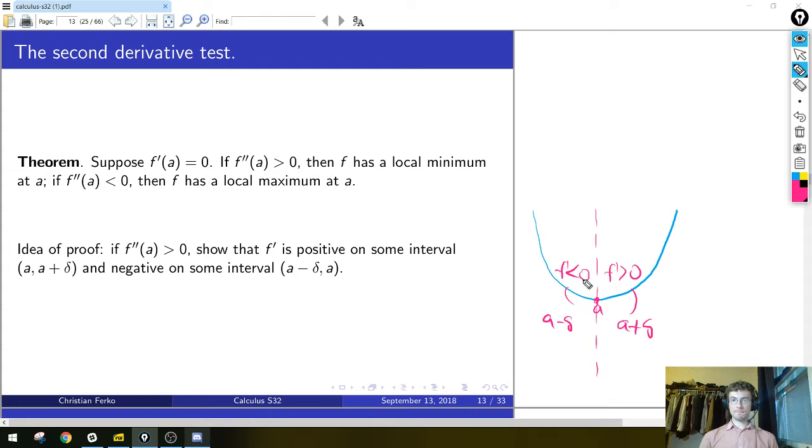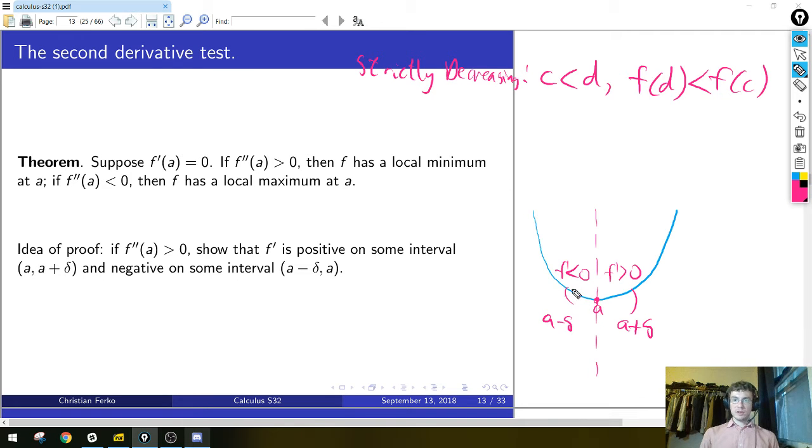So why does this prove what we want? If f prime is negative on some interval to the left and positive on some interval to the right, then the function is strictly decreasing on some interval a minus delta to a. Remember, strictly decreasing means that if you have two numbers on the interval, c less than d, then f of d, the one further to the right, is always going to be strictly less than f of c. This is the definition of strictly decreasing.